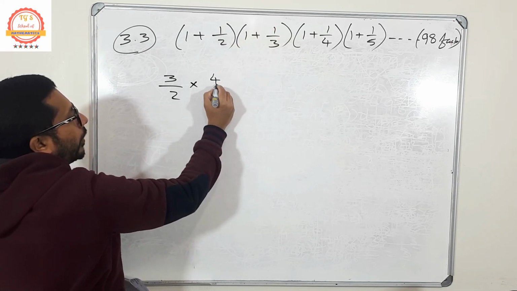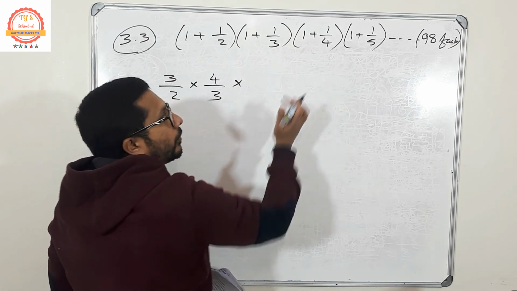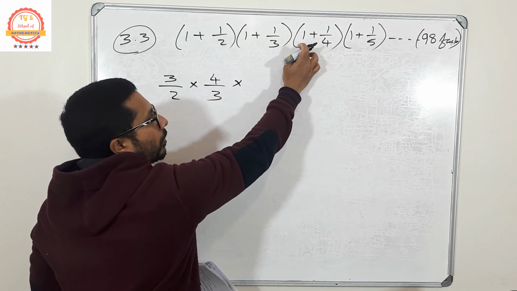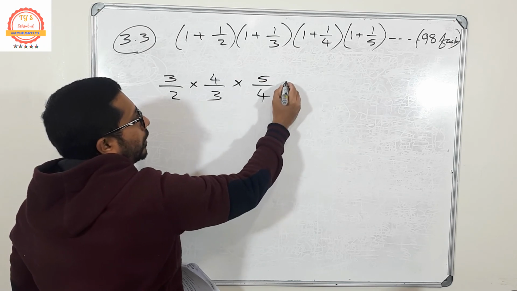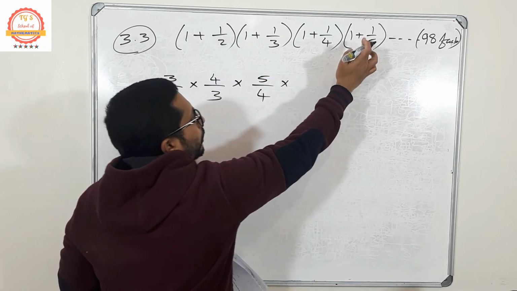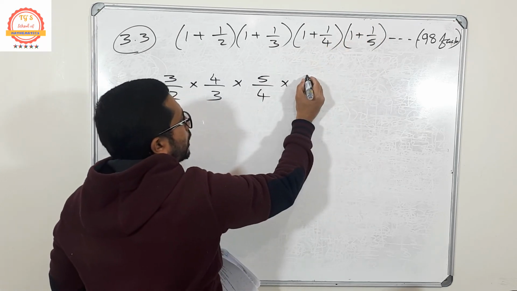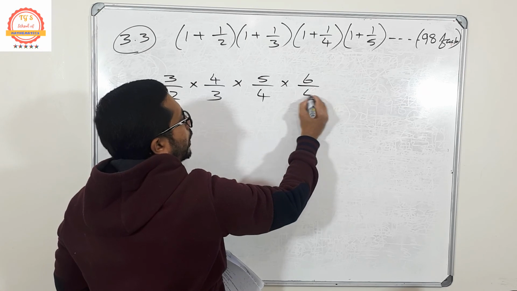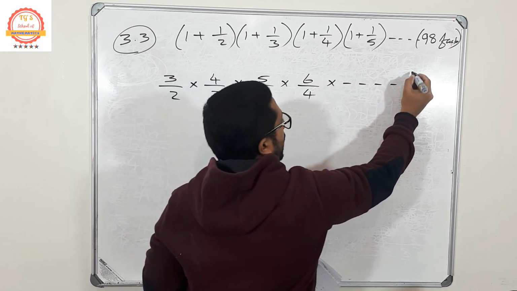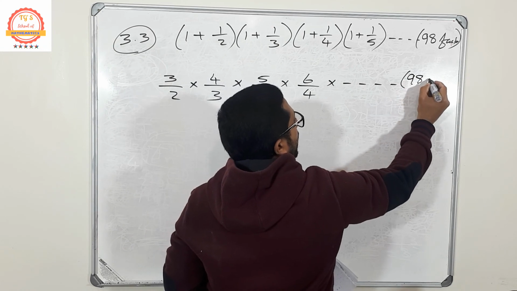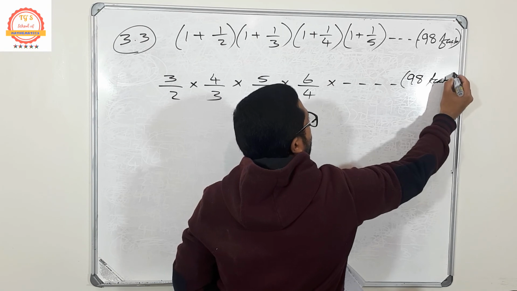So 4 divided by 3 times 1 into 1 by 4: 4 into 1, 4, 4 plus 1, 5. So it is 5 divided by 4 times 1 plus 1 by 5: 5 into 1, 5, 5 plus 1, 6. 6 divided by 5 times etc. So how many terms are there? 98 terms or 98 factors.